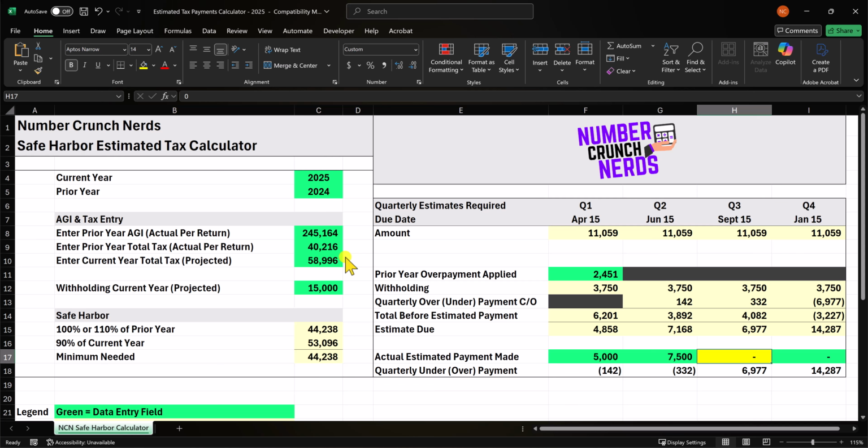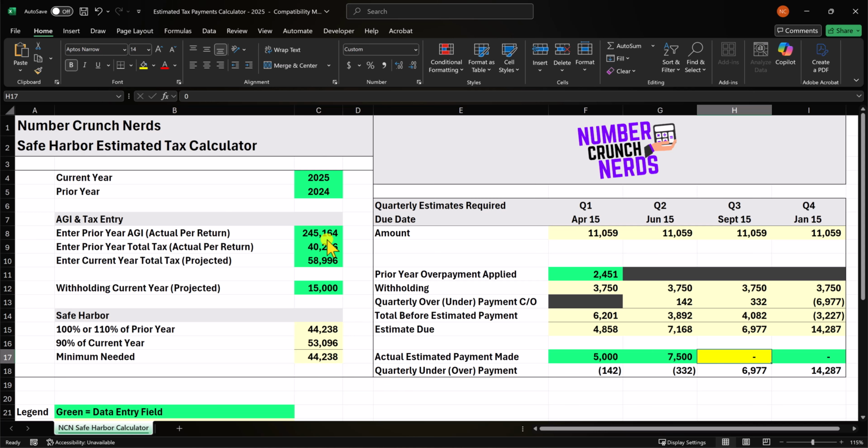You can base your safe harbor off of prior year information, and the prior year information you need is actual AGI and also the actual amount of total tax. Going right down here, as many of you recall if you have been following my channel, one of the two acceptable safe harbor methods is 100% of the prior year's tax or 110% of the prior year's tax if prior year AGI was above $150,000.